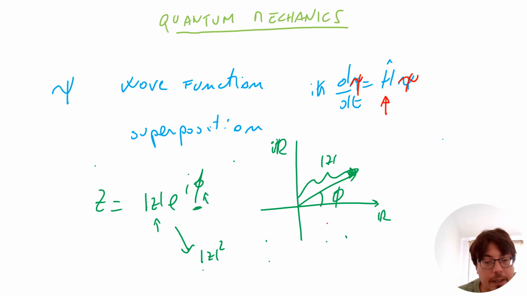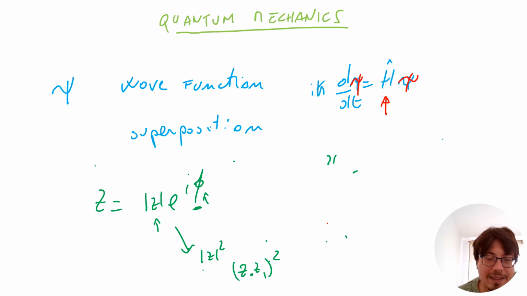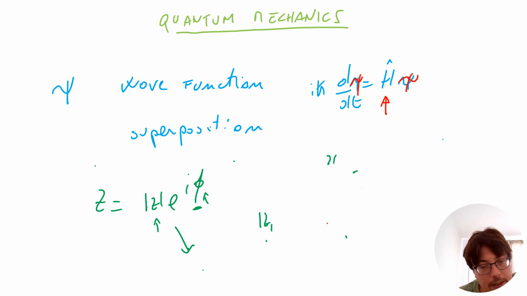Clearly, if we take the modulus square of a single number, we get rid of the phase. But if we multiply two complex numbers and then take the modulus square, the phase plays a role, because we have the product of the moduli times e to the i (phi 1 minus phi 2).